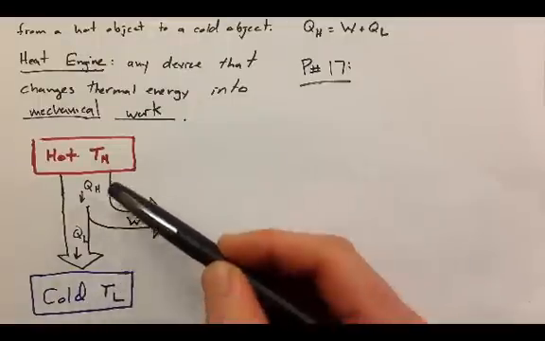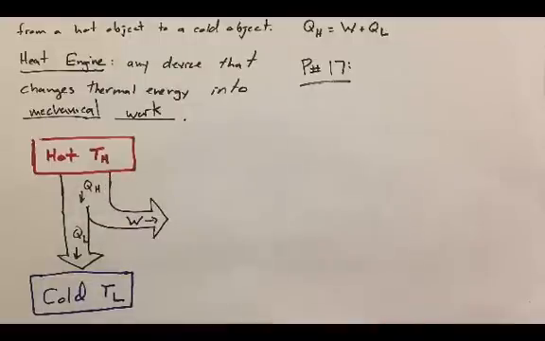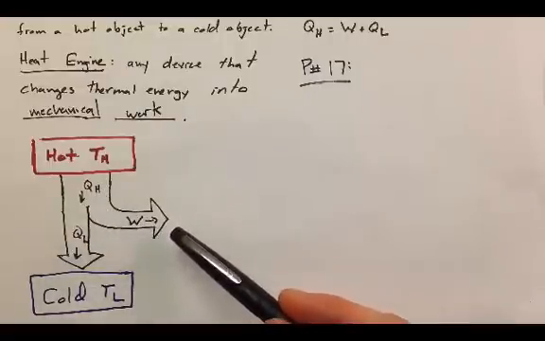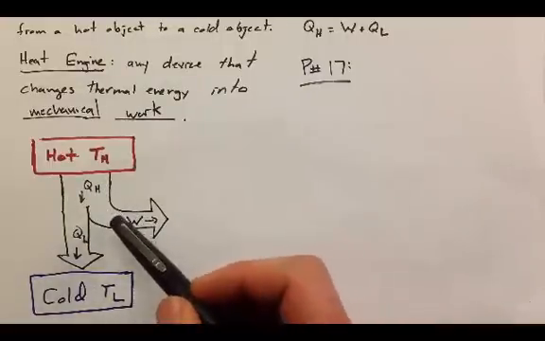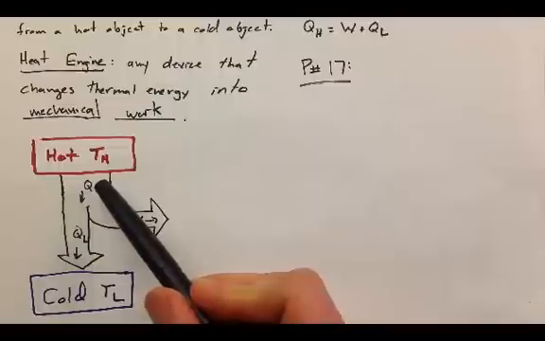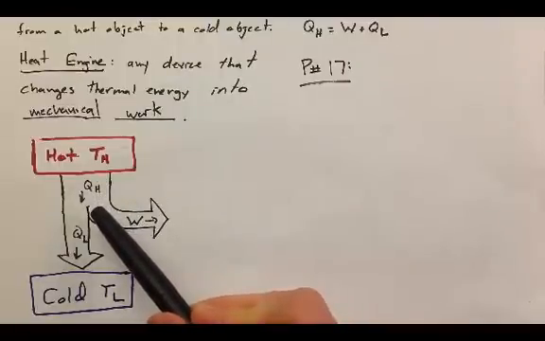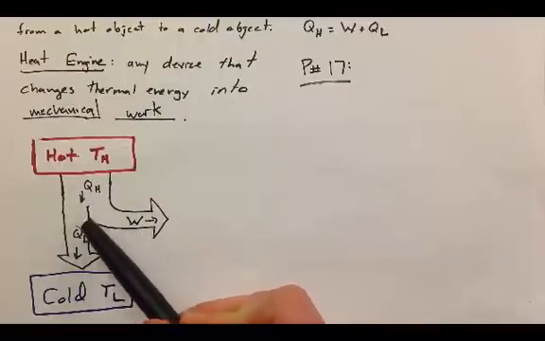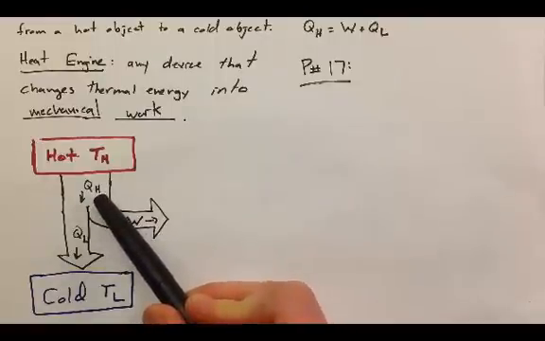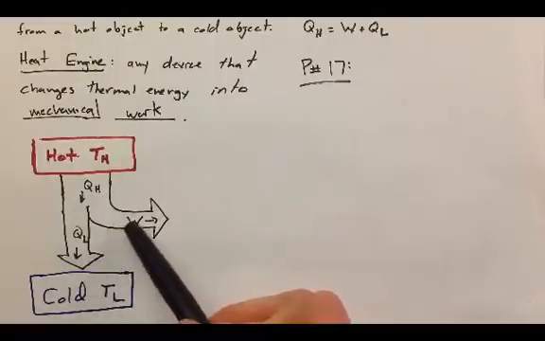All right? So, of course, we can't destroy or create energy. So all the heat energy that flows out has to equal the heat flowing into the cold reservoir plus the work. So Q sub H has to equal W plus Q sub L in order for energy to be conserved. We can't create or destroy energy.